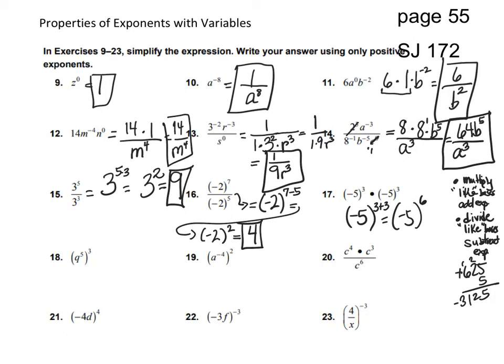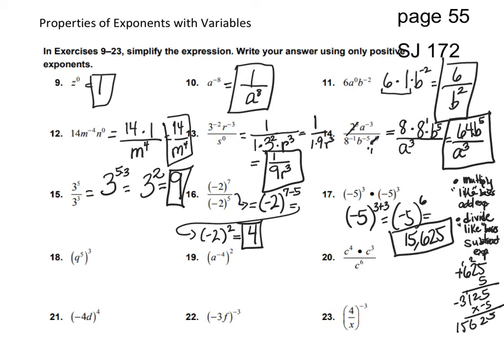And that's a negative 3125. And then negative 3,125 times negative 5, I think 15,625 positive. Let me grab a calculator and check. That is the correct answer, positive 15,625.